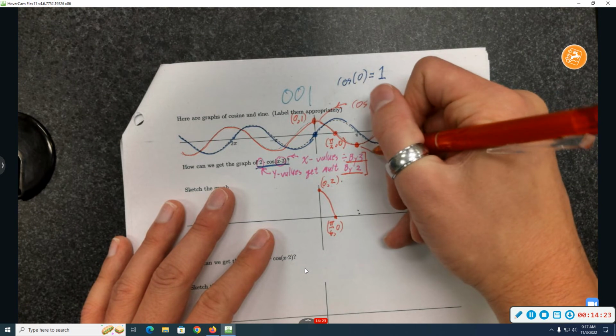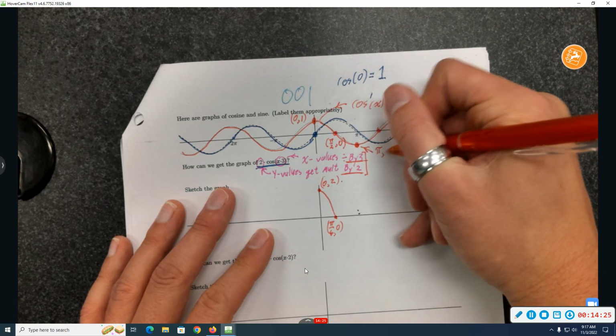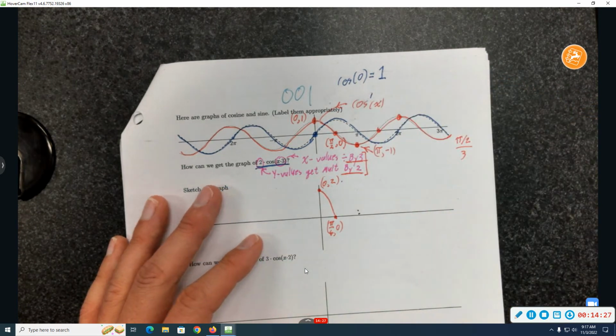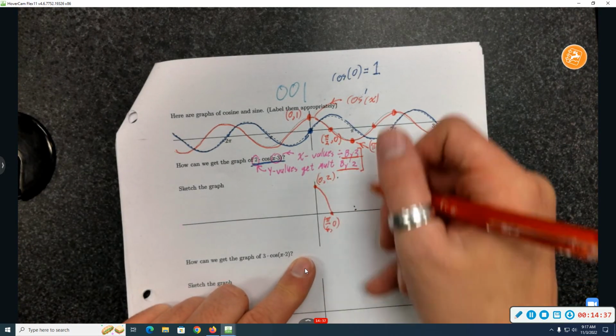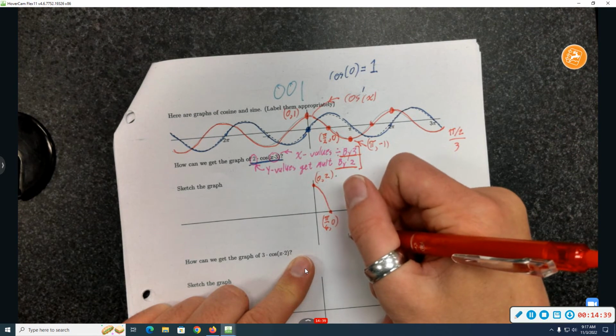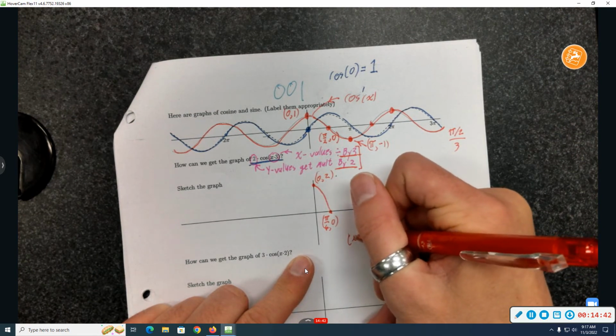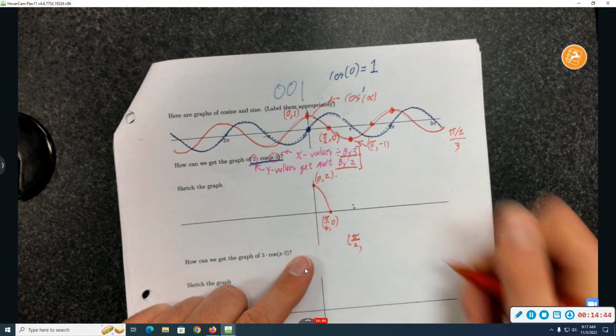That point down here is the point pi comma negative 1. So where will that point go when I do this stuff to it? The x value gets divided by 2, so pi over 2.